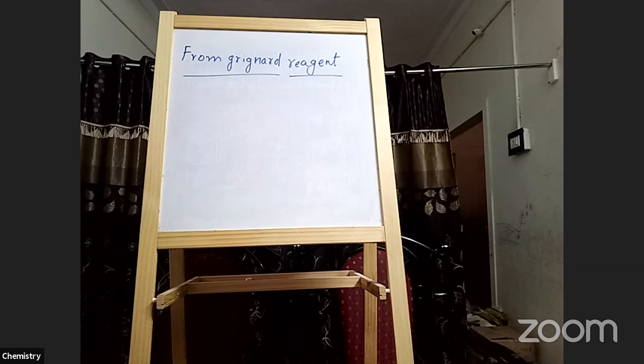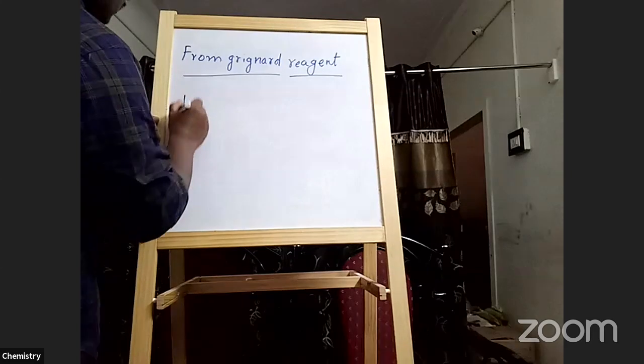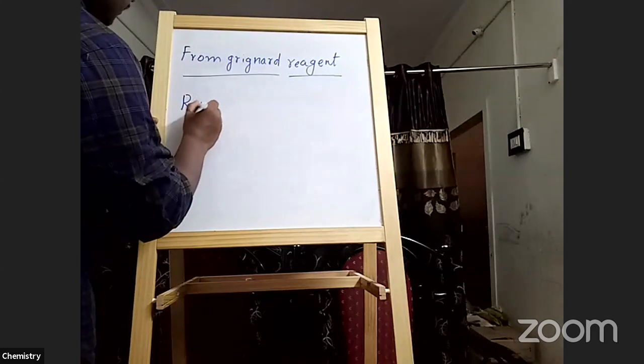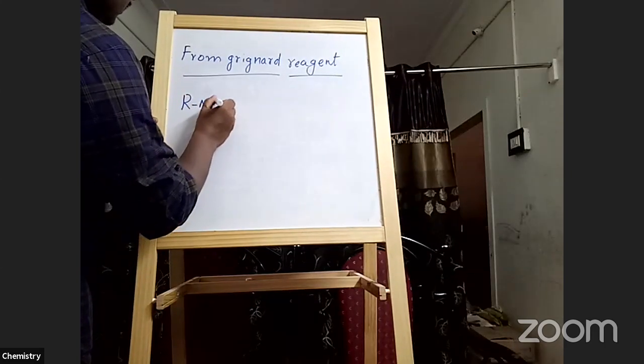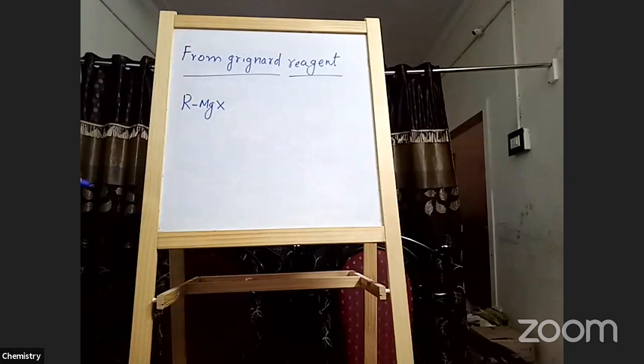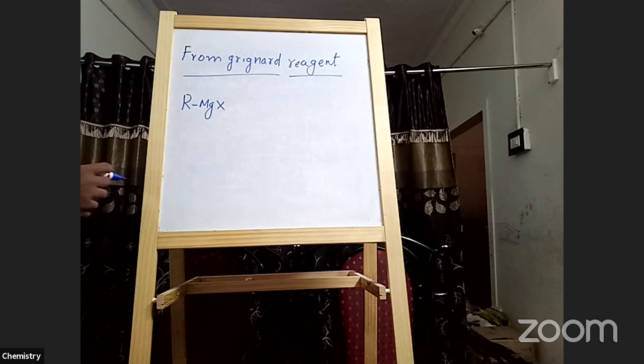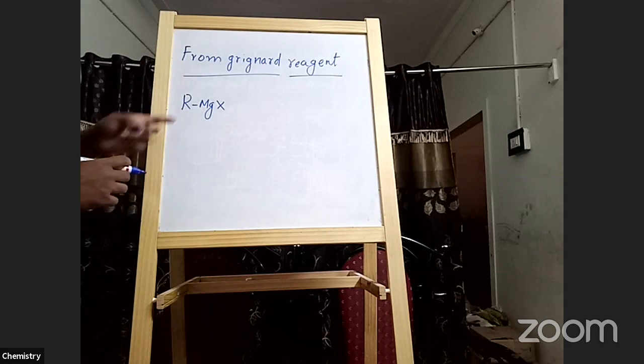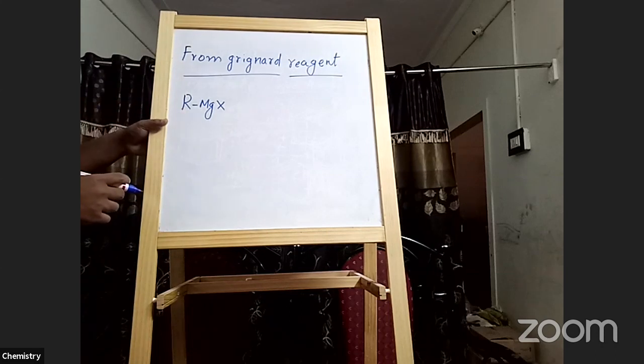Grignard reagent generally means RMgX, where X is any halogen atom, like 7th group elements: chlorine, bromine, or iodine.